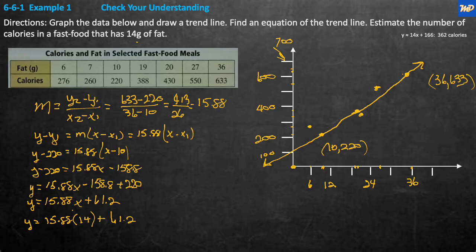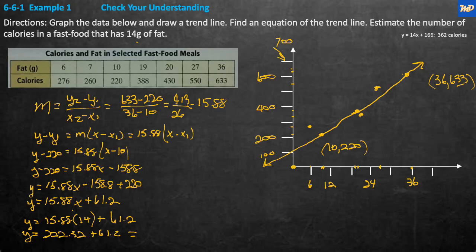I'm going to write it down here. Y is equal to 222.32 plus 61.2. And when I add that up, it's going to be plus 61.2, not times, Bob.